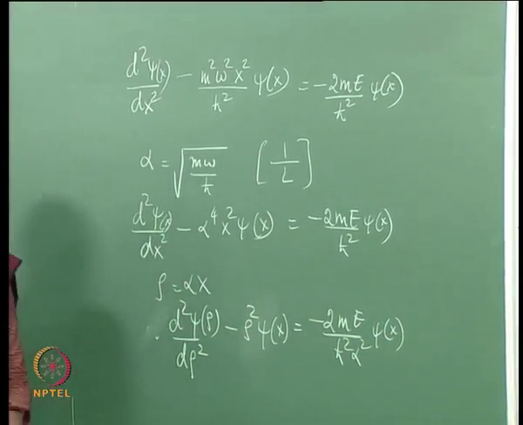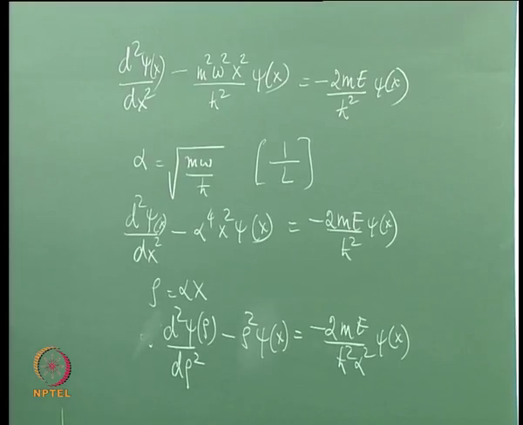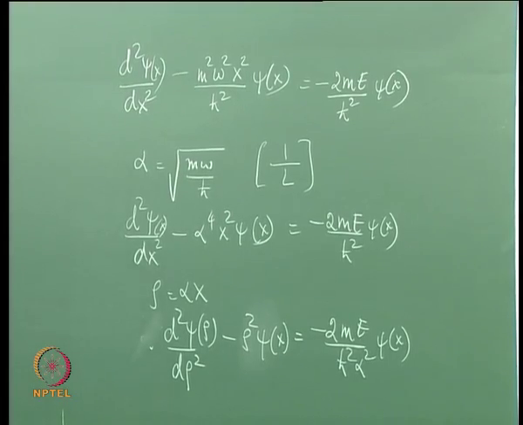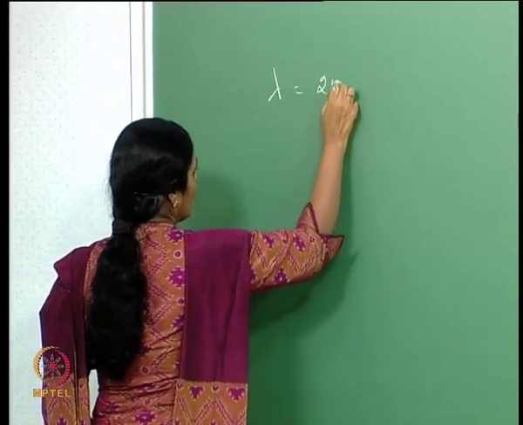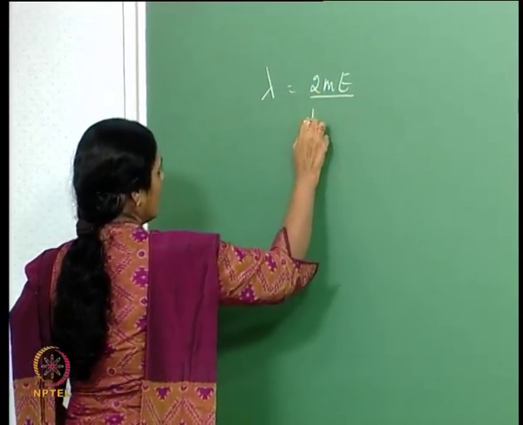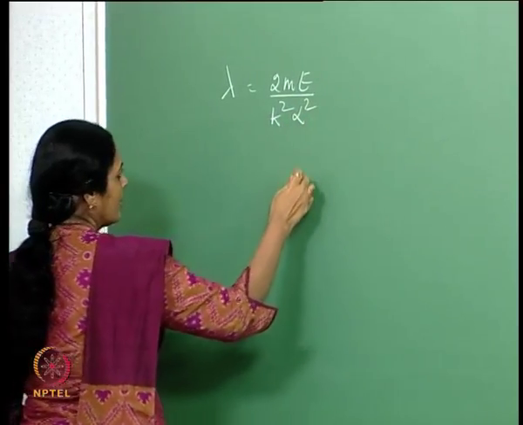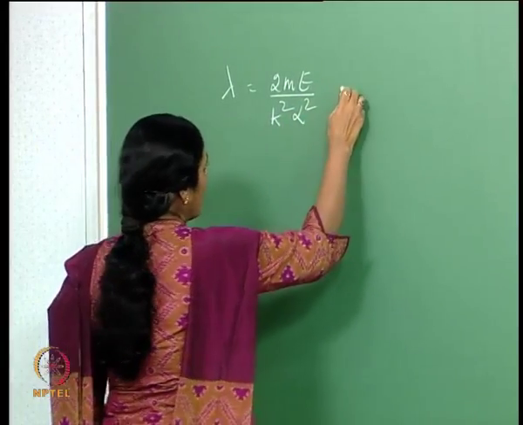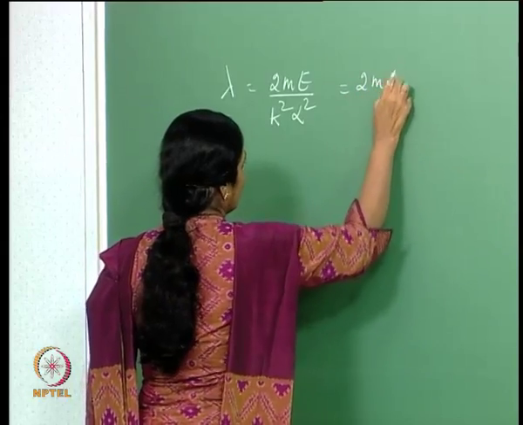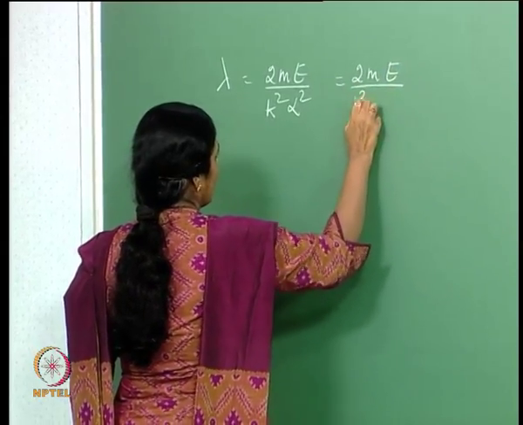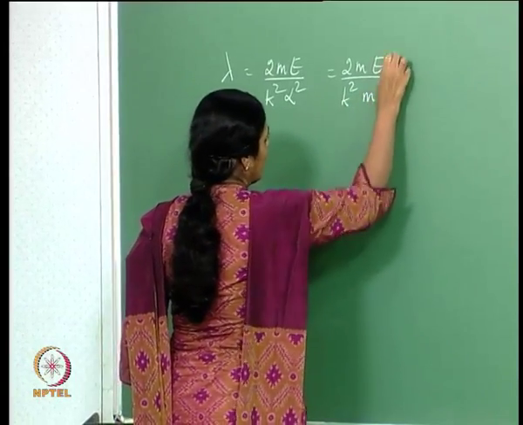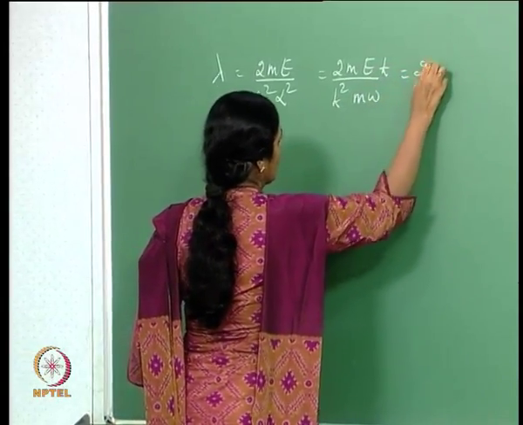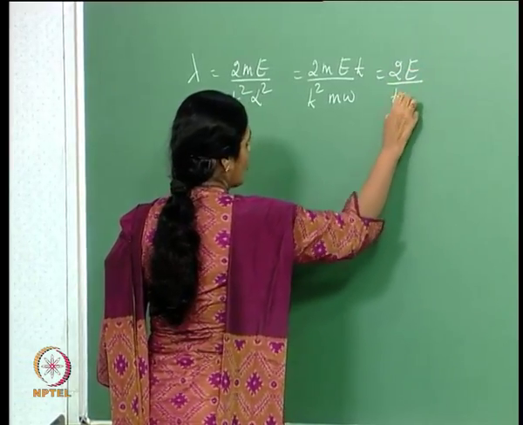This object 2mE by h cross squared alpha squared is again a dimensionless quantity. I define lambda as 2mE by h cross squared alpha squared. And since alpha was root of m omega by h cross, I have an m omega by h cross here, and so this quantity is 2E by h cross omega.